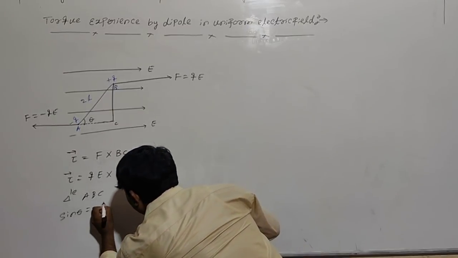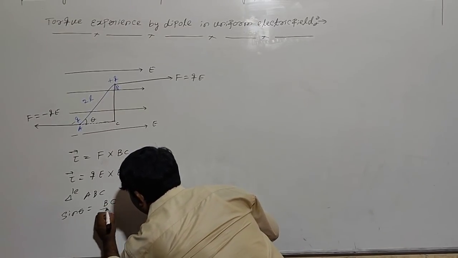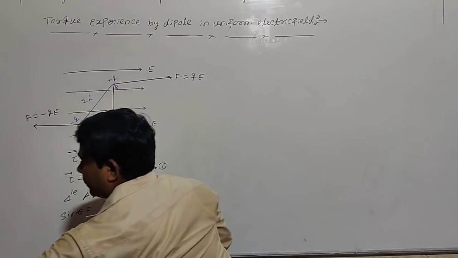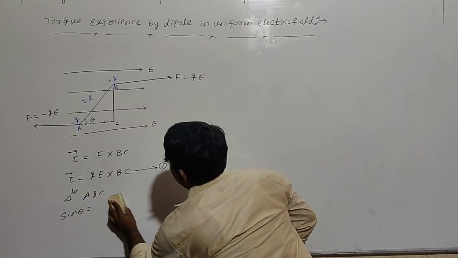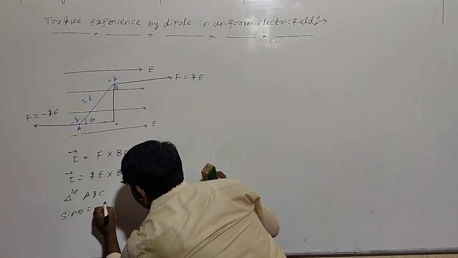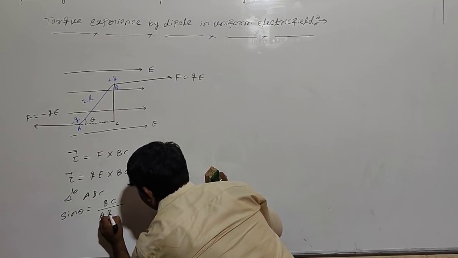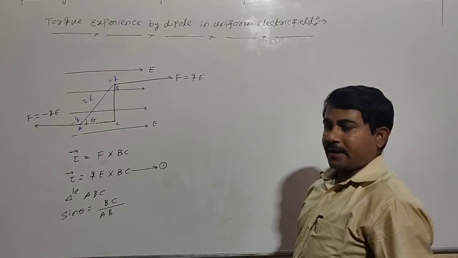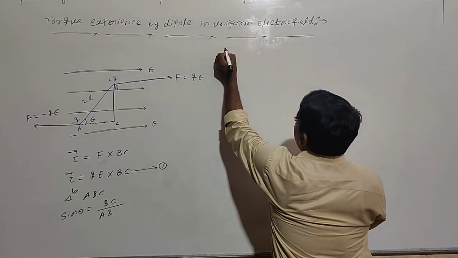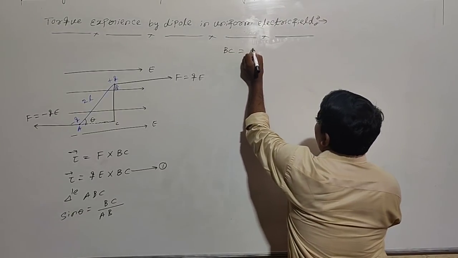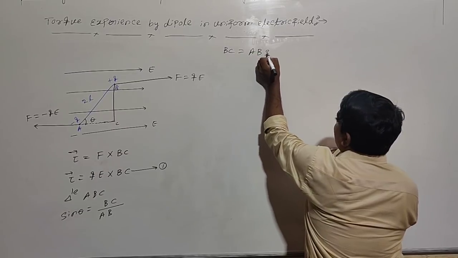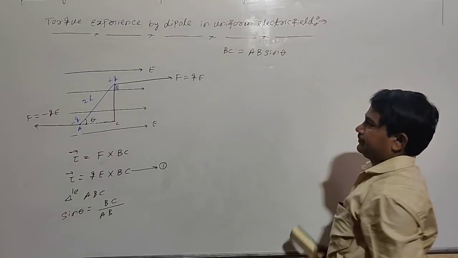Sin theta equals BC divided by AB. So BC can be written as AB into sin theta.